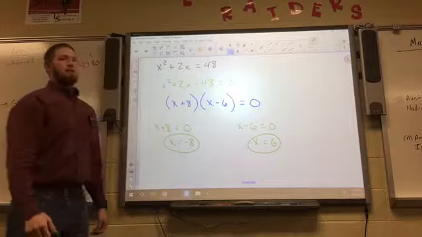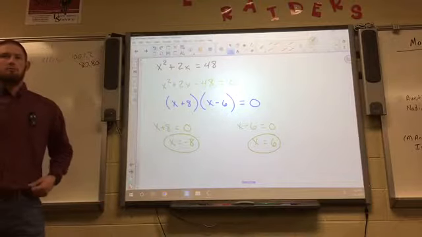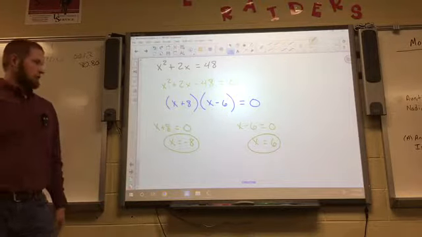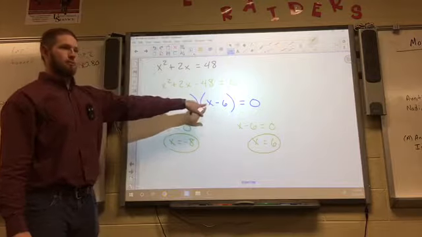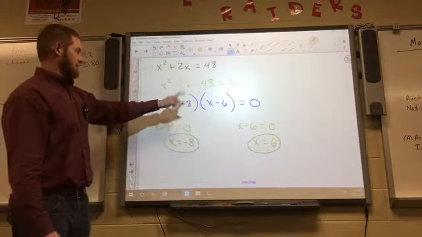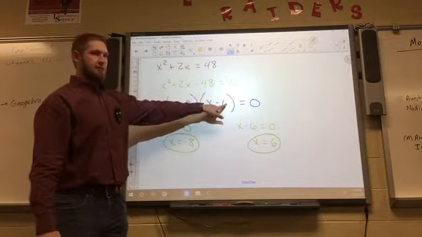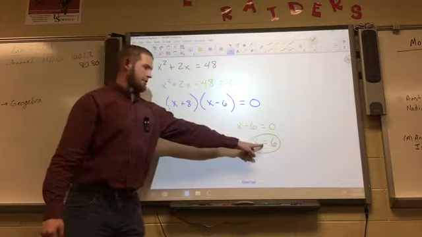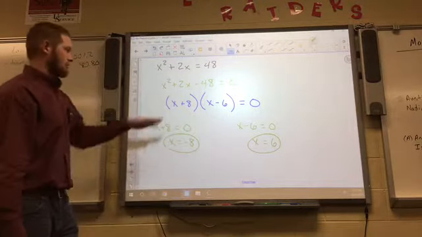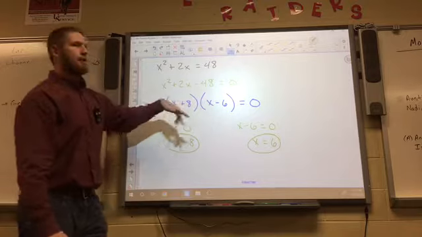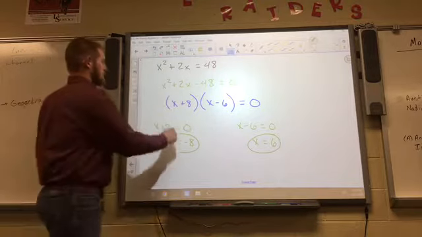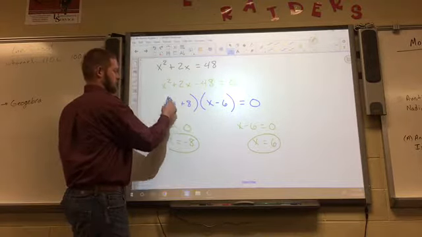Wait, that's just the intercept form, right? So your intercepts are negative 8 and positive 6. It'll always be opposite this sign if this number's just 1.